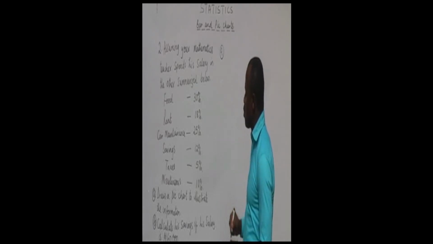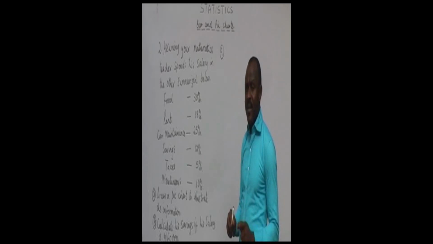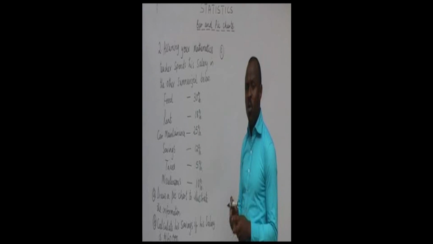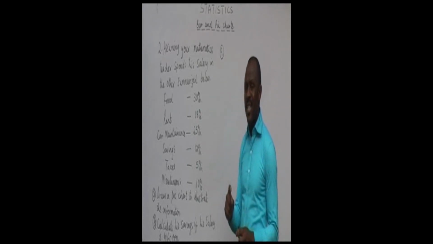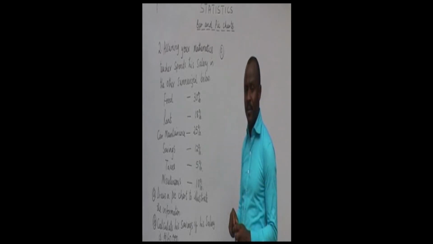If we want to draw a pie chart, there is a thing we need to do first. First of all, we need to arrange all these informations into their angular equivalents, because a pie chart uses the angle of a sector of a circle.